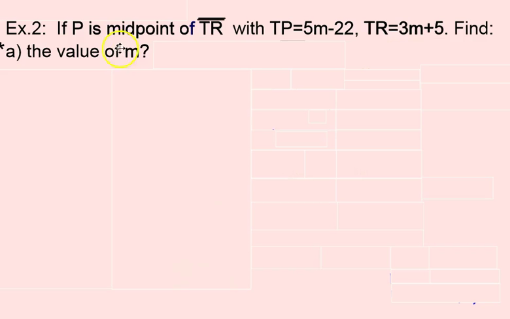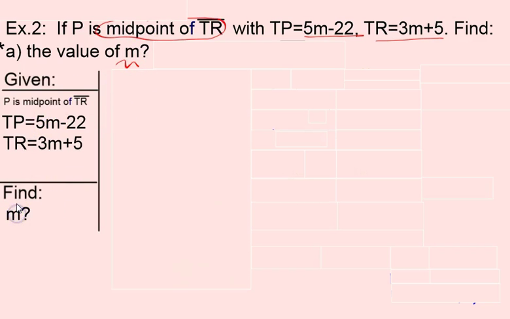So we will start with annotation once again and restating the problem, the value of M. Since we have a segment TR, that's the first thing that we will show in our diagram. P is a midpoint, so the way the diagram appears now only shows that P is a point in between.